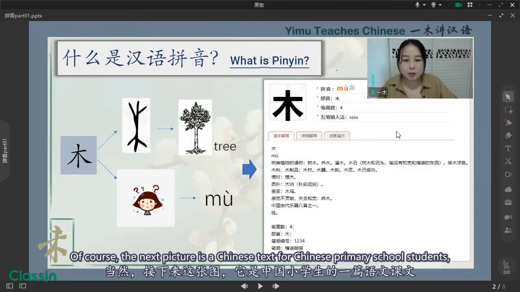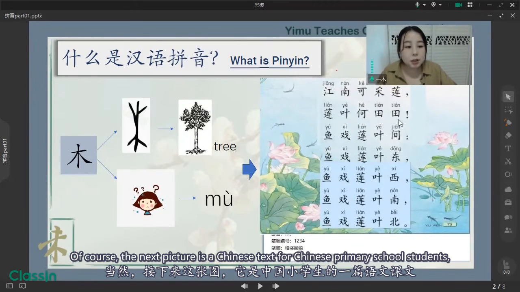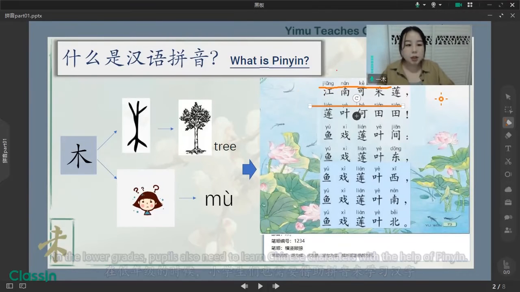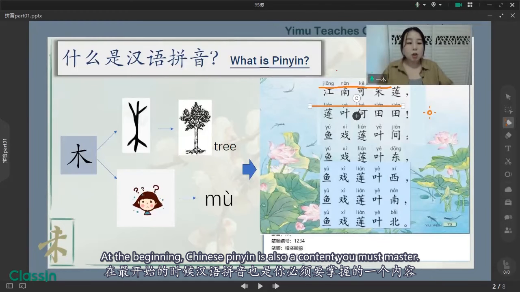Of course, the next picture. This is a Chinese text for Chinese primary school students. In the lower grades, pupils also need to learn Chinese characters with the help of pinyin. As a non-native Chinese learner, at the beginning, Chinese pinyin is also content you must master.